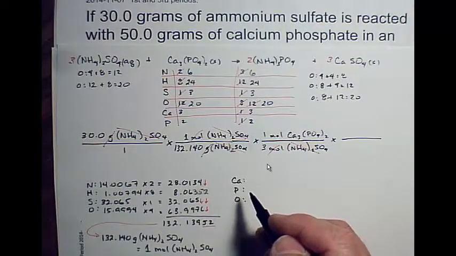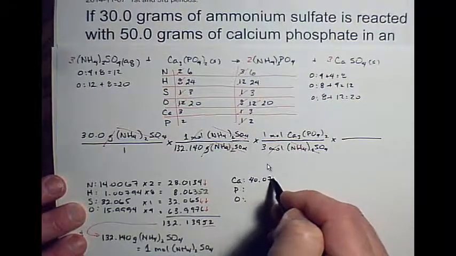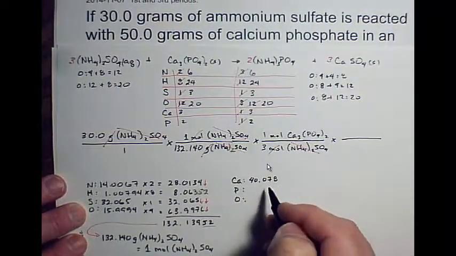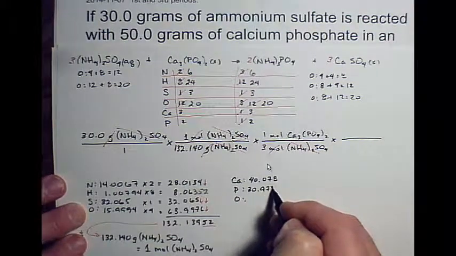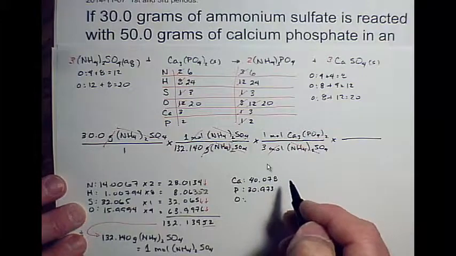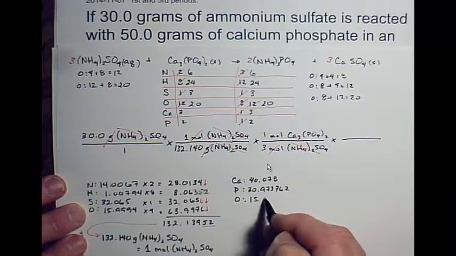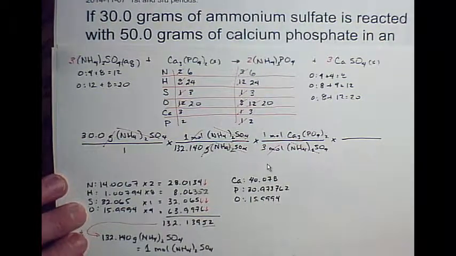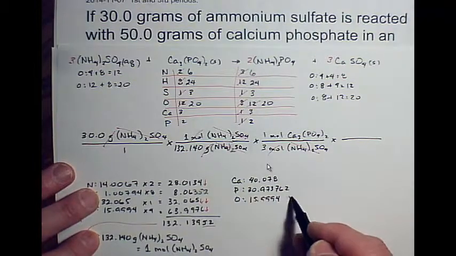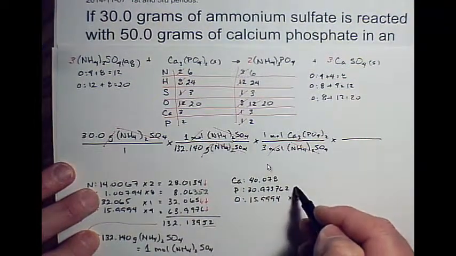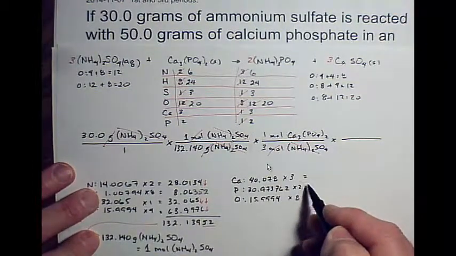The atomic mass of calcium is 40.078. Phosphorus's atomic mass is 30.973762. And oxygen is 15.9994. All right, in this formula then there are 8 oxygens, there are 2 phosphoruses, and there are 3 calciums.